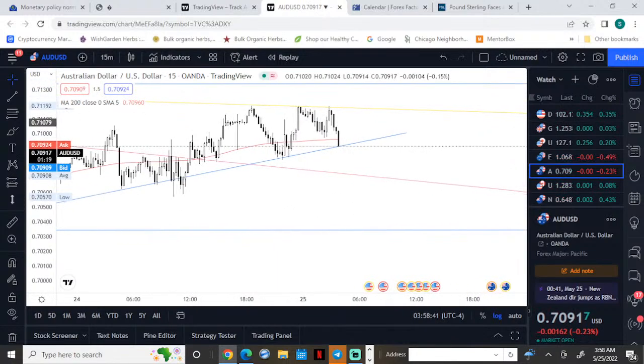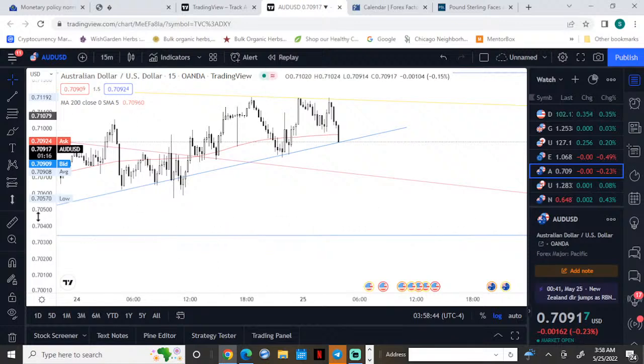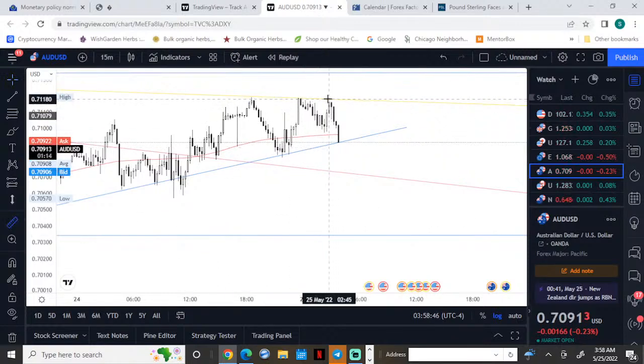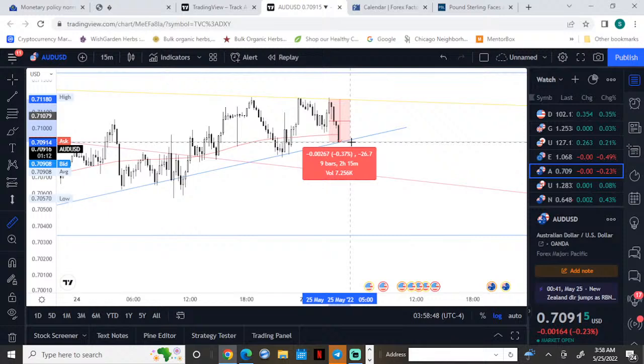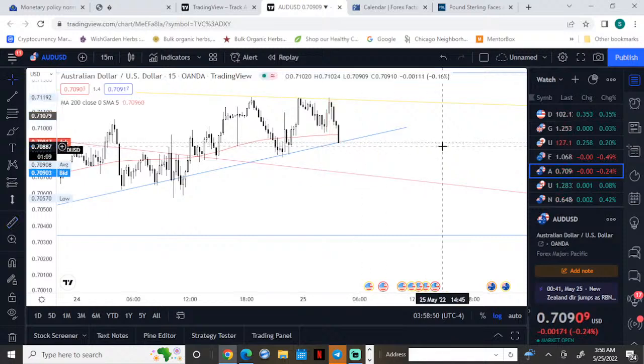So that was a nice little double top for whoever caught this on the 15-minute though. That was a nice little 26 pips.